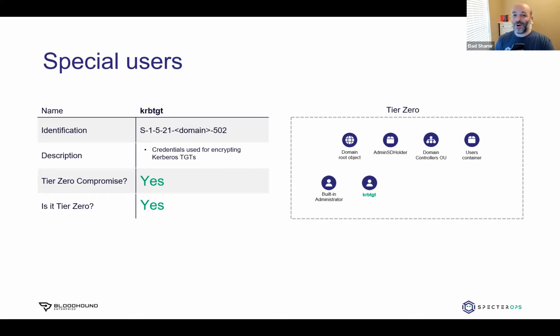But even though you can't compromise whatever you like, you can definitely cause a disruption if you have full control of this account. For example, you can reset the password a couple of times before the domain controllers get to replicate the change. And that will definitely cause some mayhem in your environment. So even though it's not a compromise, it can affect the operability of the environment.